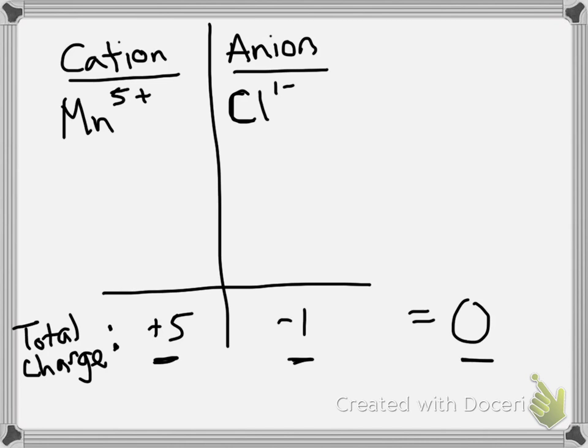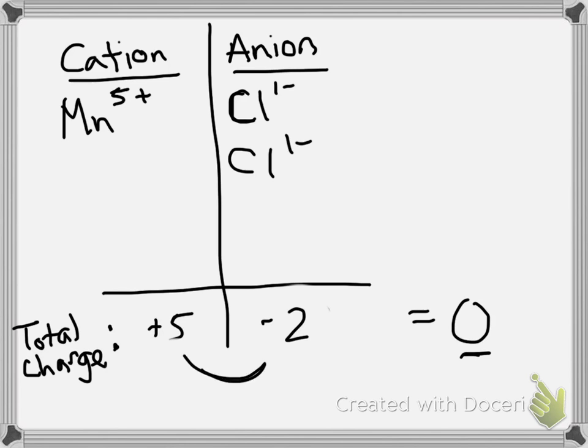So we obviously have more positive charges than negative charges, which means we need to add more anions. We need to increase our negative charge. So if I do Cl1 minus again, notice this charge changes, and it's now at a -2. I'm a little bit closer to 0.